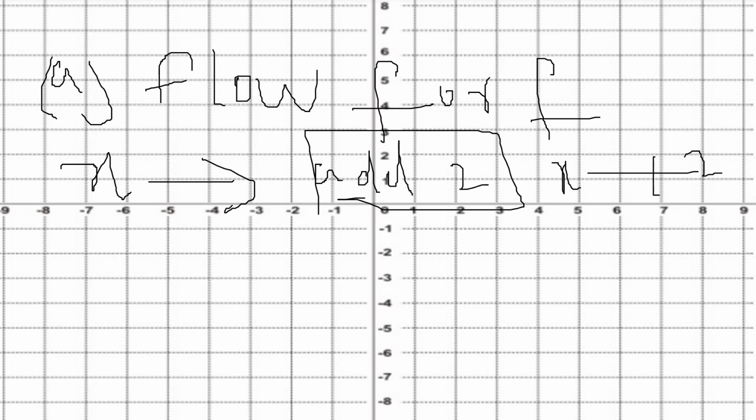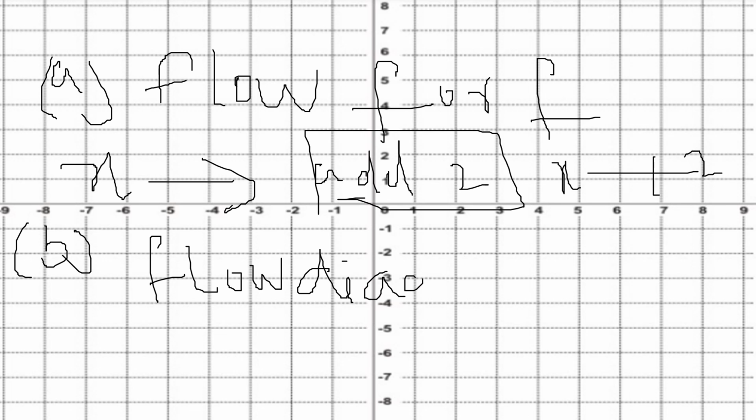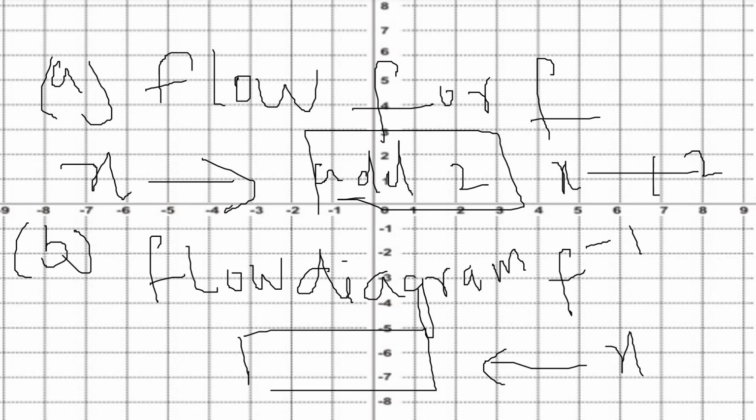Now I will write a flow diagram for f inverse. Here it's very easy, simple. See here, I will start from the right side. In a flow diagram, just write the inverse. Add, I will write subtract.